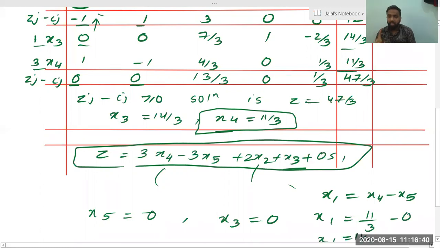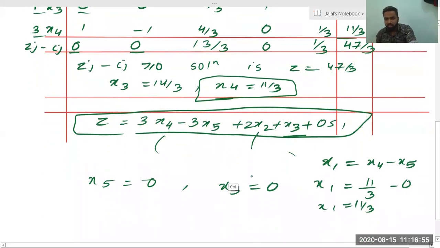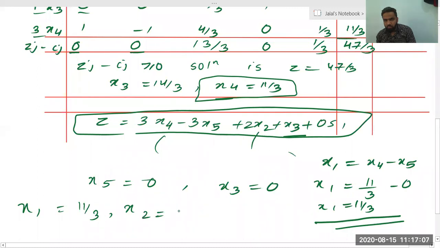Because x1 was unrestricted, you changed it to x4 and x5. It doesn't mean that your final solution should have x4 and x5. Your final solution should have x1. So x1 is equal to 11 by 3. x4 is not there now. x2 is equal to 14 by 3.